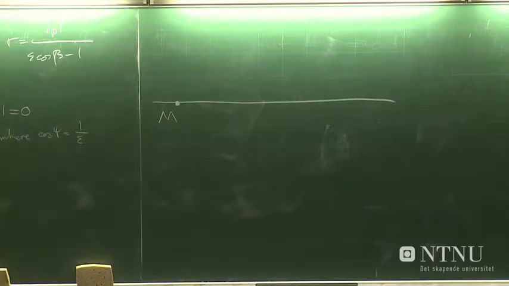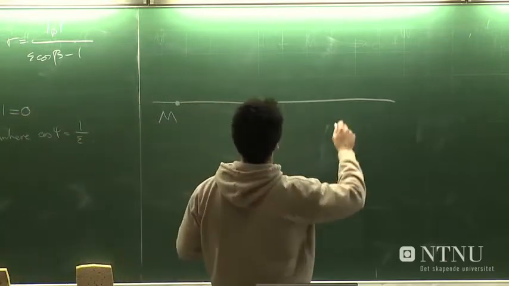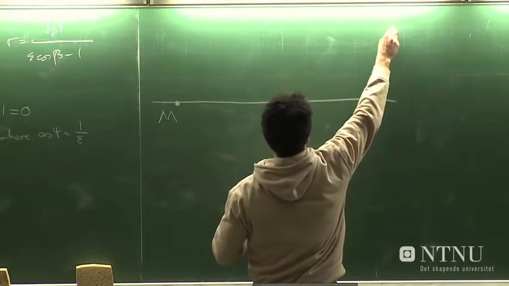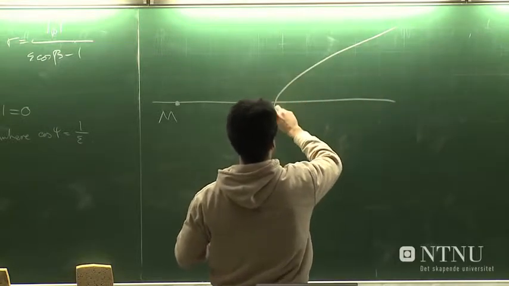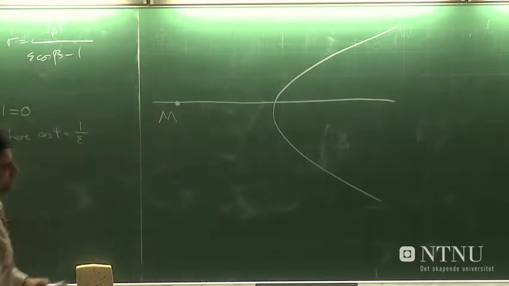So let's try to sketch this trajectory now. We have large M here. And we know that the trajectory should be a hyperbola like this.